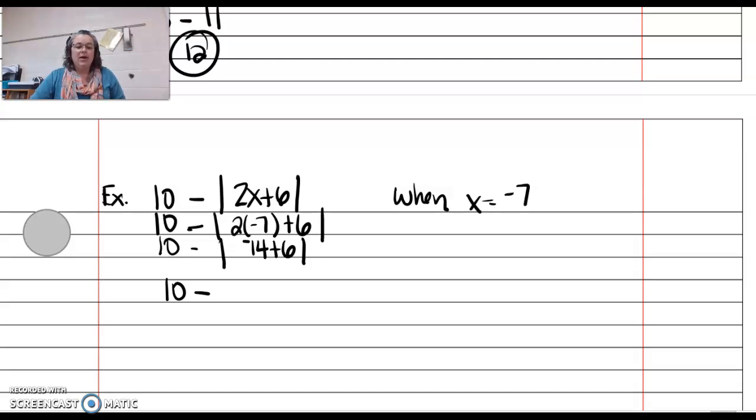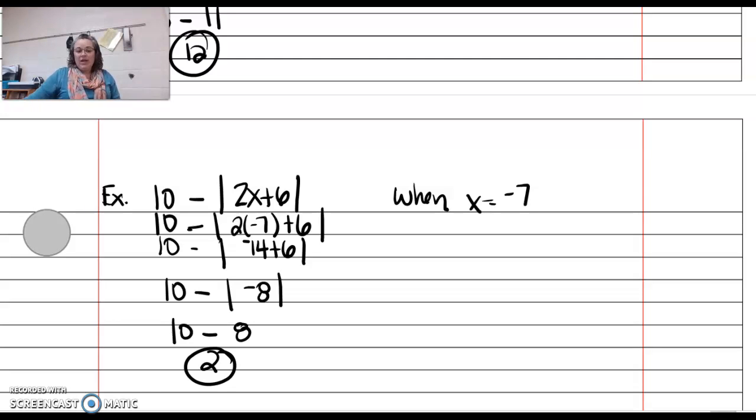So I get 10 minus the absolute value of -8. So I have 10 minus, well, the absolute value of -8 is +8. So we get 10 minus 8 is actually 2. So that's evaluating absolute value expressions.